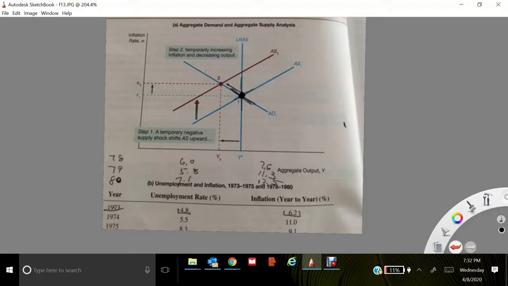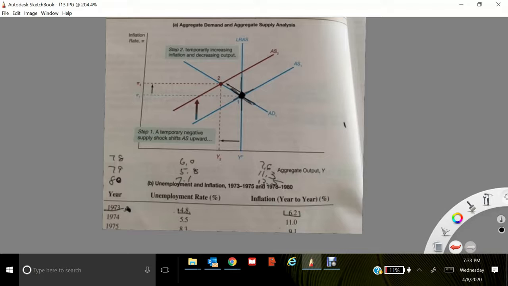So we have these two shocks, okay? 73, again, this was the year of the Yom Kippur War between the Arab world and Israel.